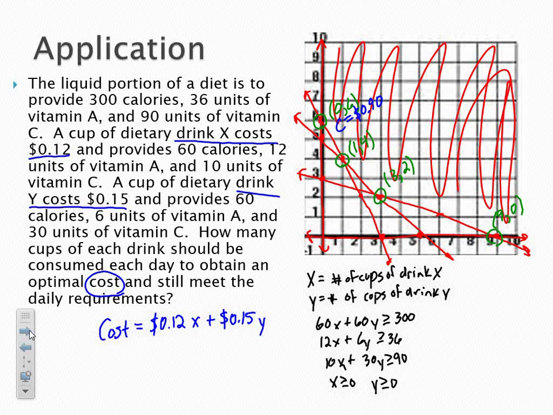If we plug 1, 4 in, we'd end up with a cost of 72 cents. If we plug the 3, 2 in, we end up with a cost of 66 cents. And then the 9, 0 would give us a cost of $1.08.